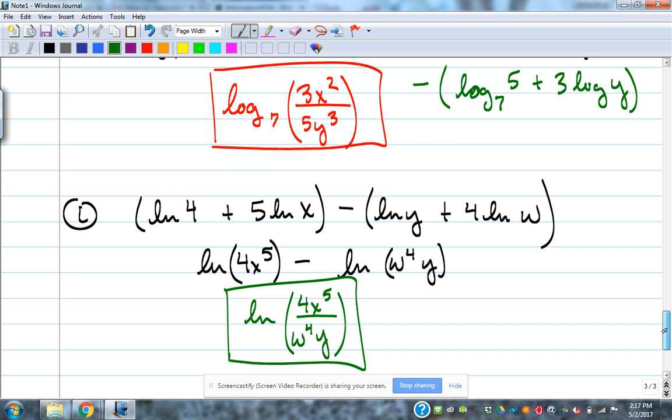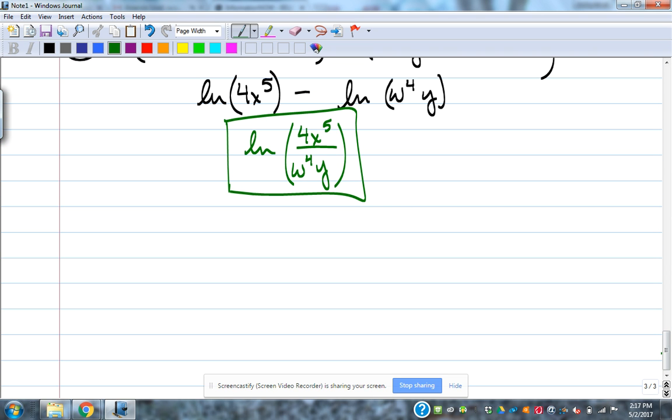Okay. Let's try one more of these, and then we'll look at solving some equations and actually putting this into action. I think that's where it actually starts making sense, is when you start using it some.